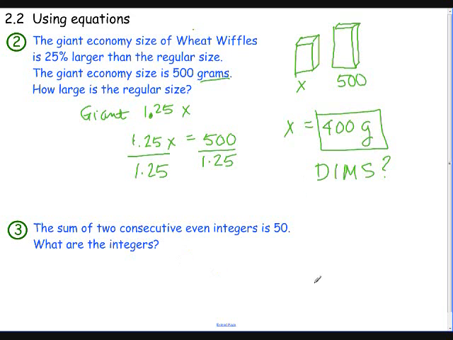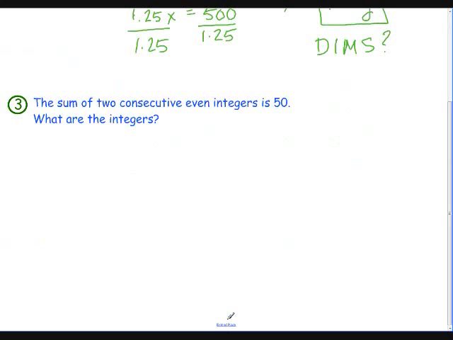Okay. The sum of two consecutive even integers is 50. What are the integers? Well, one of the things I know about even integers, 2, 4, 6, 8, is that if they're consecutive, the next one is always 2 more than the one before.